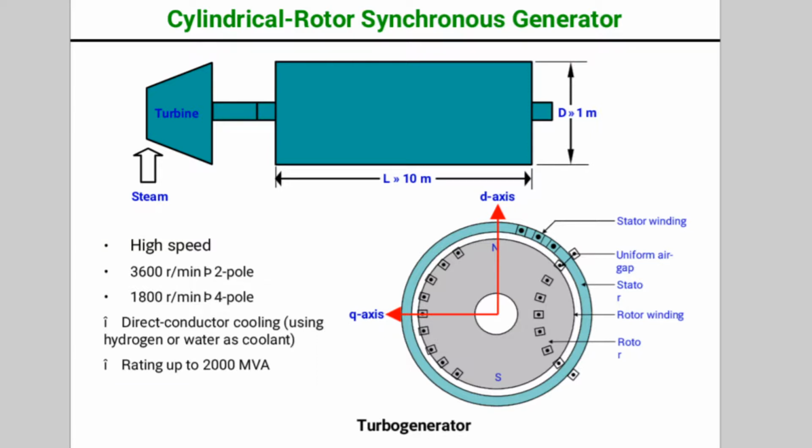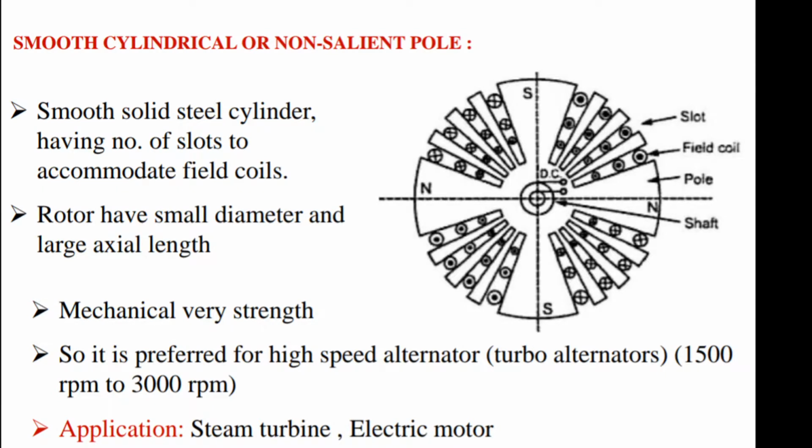It has a uniform, smooth solid steel cylinder having no slots to accommodate field coils. The rotor has small diameter and large axial length. It has very high mechanical strength, so it is preferred for high-speed alternators.